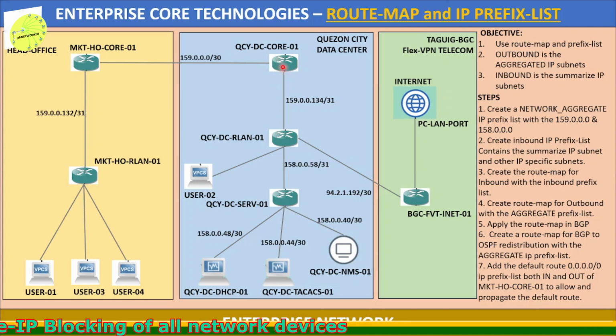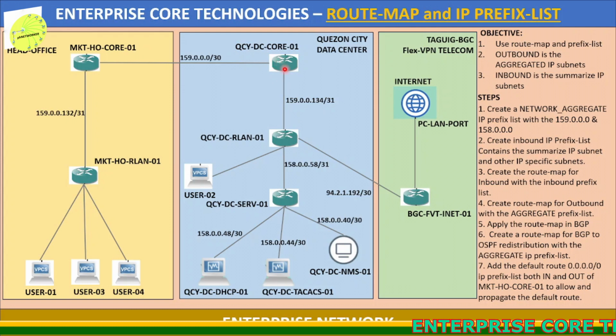during the redistribution in the BGP to OSPF, we will create a BGP to OSPF route map to redistribute the aggregate IP prefix list. So why do we use the aggregate? With that, we allow all the aggregate prefixes from BGP going out to the OSPF on both sides.